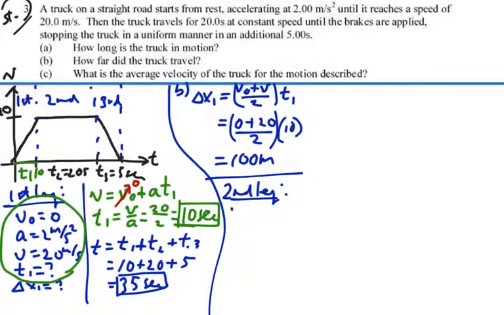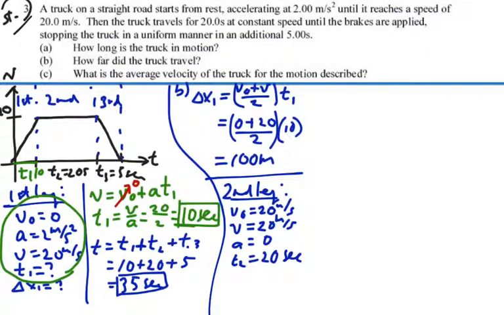Well, we know that our initial velocity is 20 meters per second. We know we have constant velocity, so our final velocity is also 20. Our acceleration is 0, and our time is 20 seconds. And we want to find displacement.